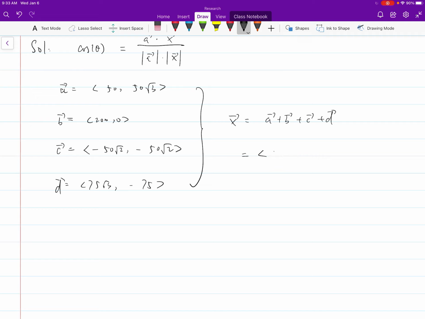The x-component is negative 50 plus 200 minus 50 square root of 2 plus 75 square root of 3, and then the y-component.